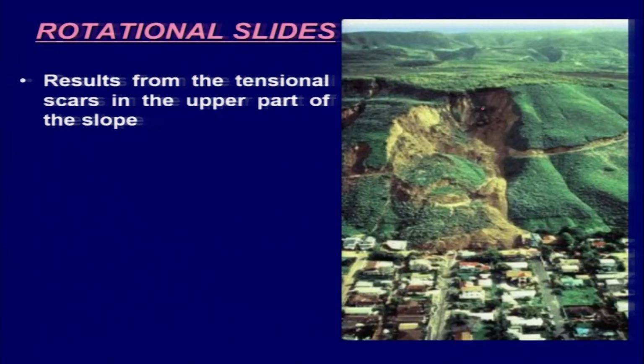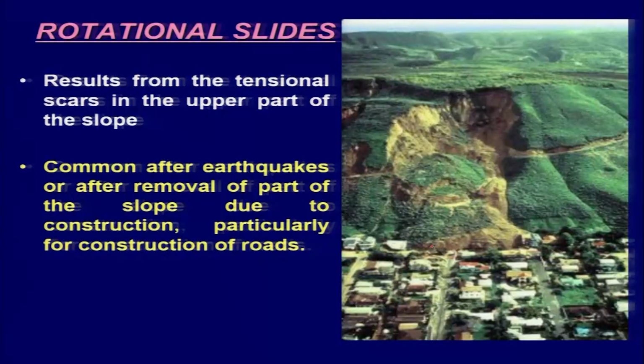So, you will come across some extensional or tensional scars in this region, and deformation under compression over here. Common after earthquakes or after removal of part of the slope for construction. If you have removed the portion below the slope, that can also result in rotational slides, and this construction is mainly either putting roads or rail tracks.